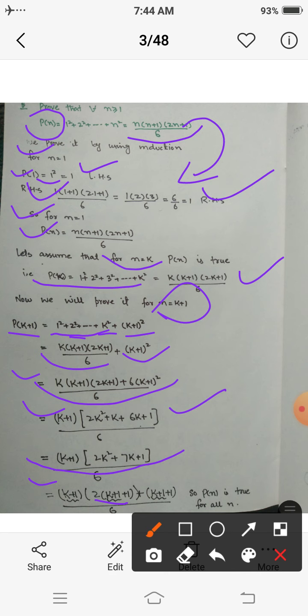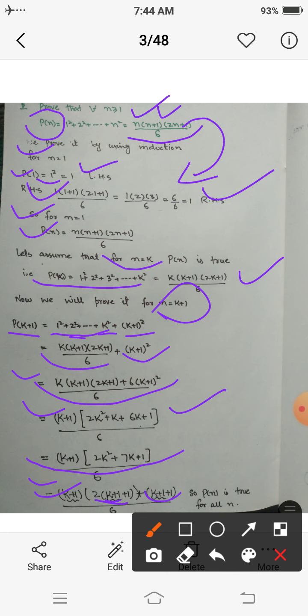But here we have to prove the given statement for k plus 1. So the RHS should contain the first factor as k plus 1, then k plus 1 plus 1, then 2 into k plus 1 plus 1, upon 6.